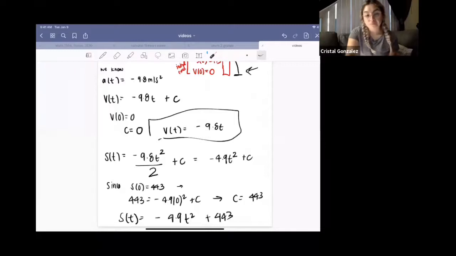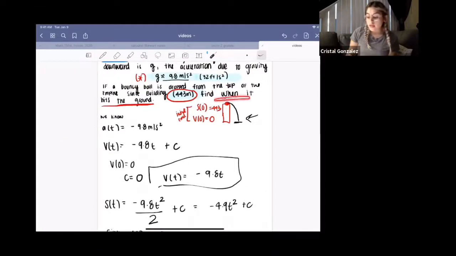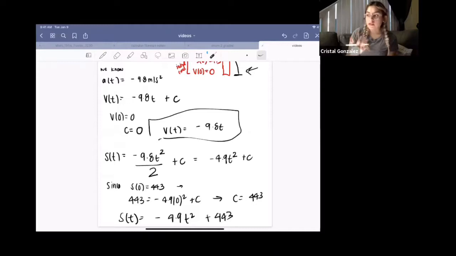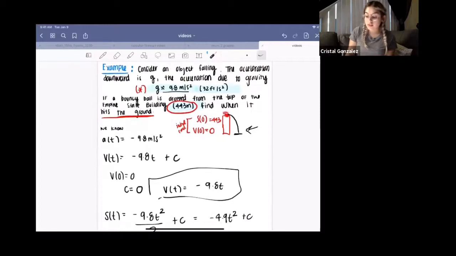So now we want to know when it hits the ground. In order to find out when it hits the ground, that tells us that the position is no longer at 443. The position is now at 0. So the position starts at 443, and then it's going to drop down to 0. They want to know when it happens down here.